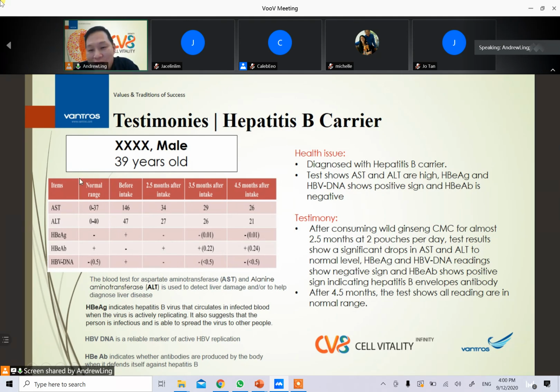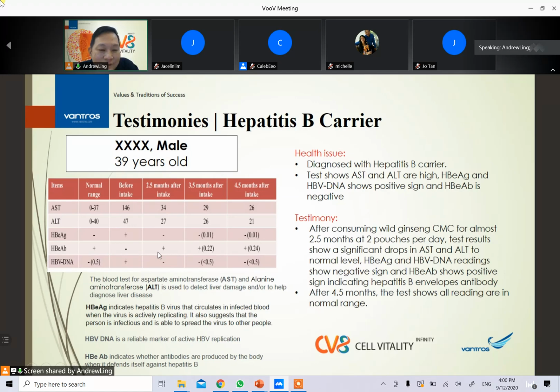Now, after consuming this wild ginseng CMC for about two and a half months at 2 pouches per day, you can see that the AST and ALT start to drop to normal. Even the HBsAg, previously positive, becomes negative.